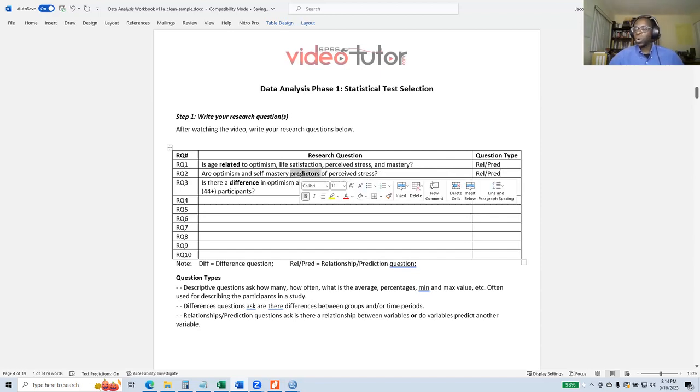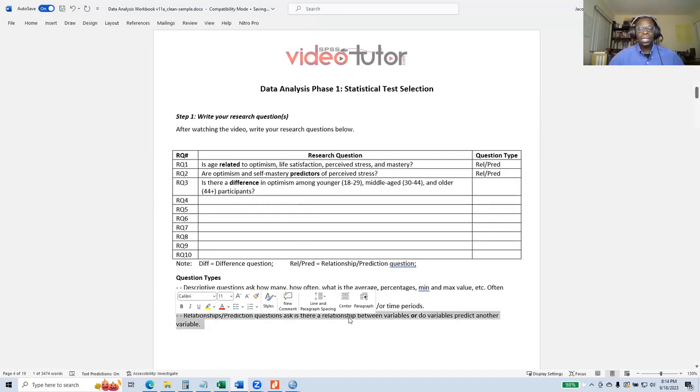It's a prediction question because it's asking about whether or not a variable or variables predict or are related to another variable. Okay. Differences questions are, is there a difference between groups? Is there a difference between time periods? That's a difference question. Okay. I just want to make sure that's clear.